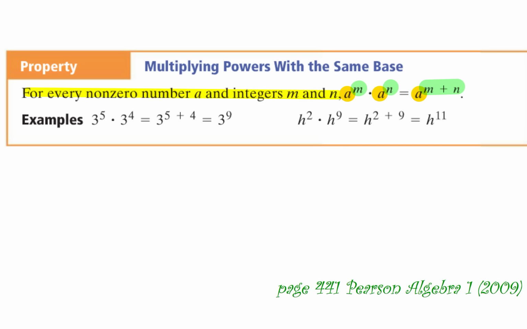So here, in this example, we have 3 to the 5th times 3 to the 4th. We can use the definition of exponents, repeated multiplication that is, and break this down to see why this property works. If we take 3 to the 5th, and I'm going to do that in blue, write that as 3 times 3 times 3 times 3 times 3.